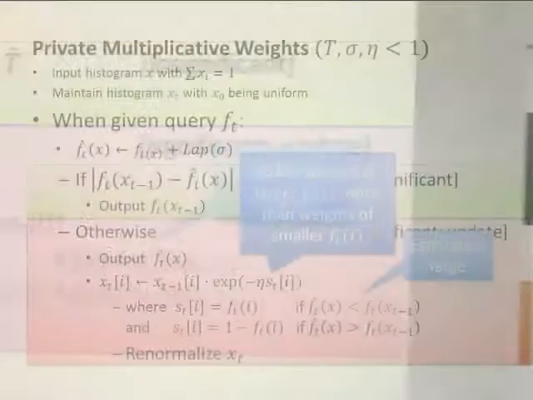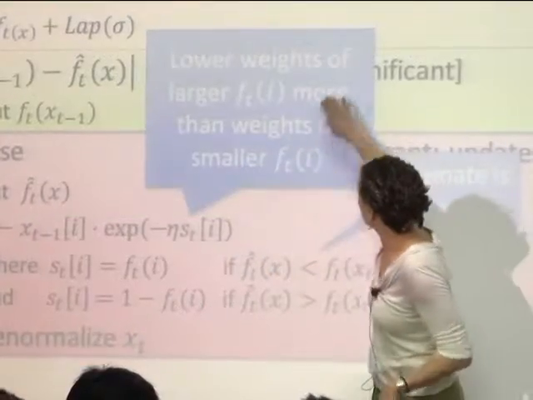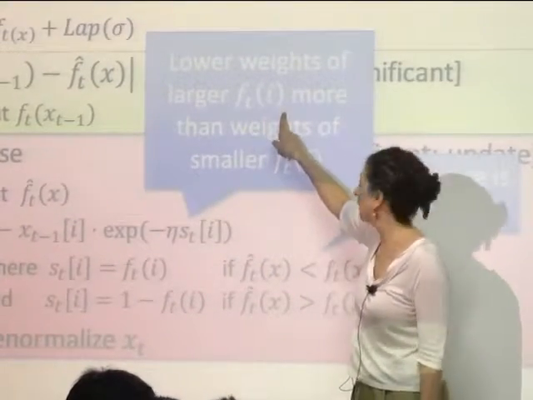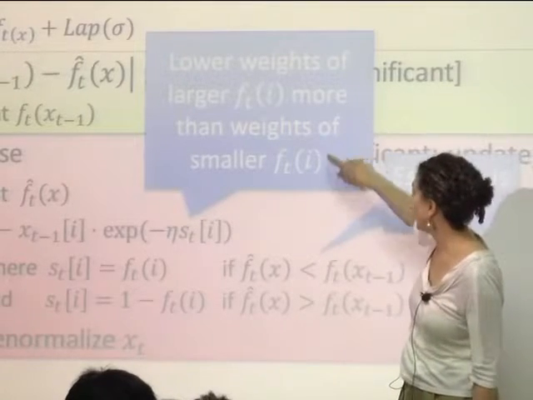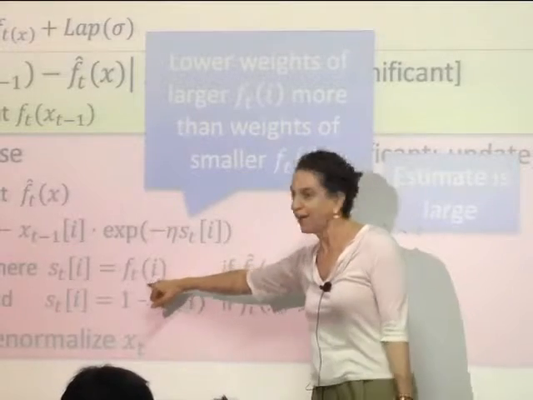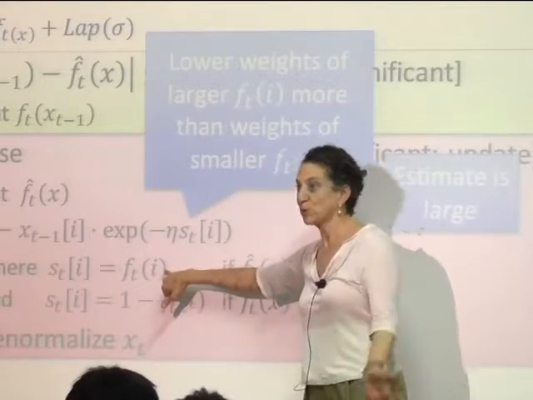So in that case, since everybody's weights are getting lowered and then things get renormalized, we're going to lower the weights on the larger ft of i more than we lower them on the smaller ft of i, because we're lowering them by ft of i. If it's bigger, we're lowering it more. If it's smaller, we're lowering it less.